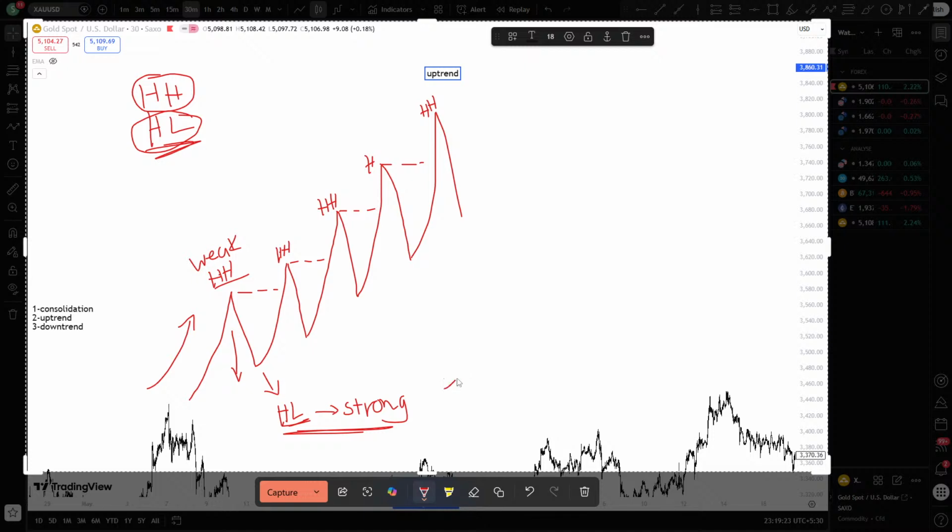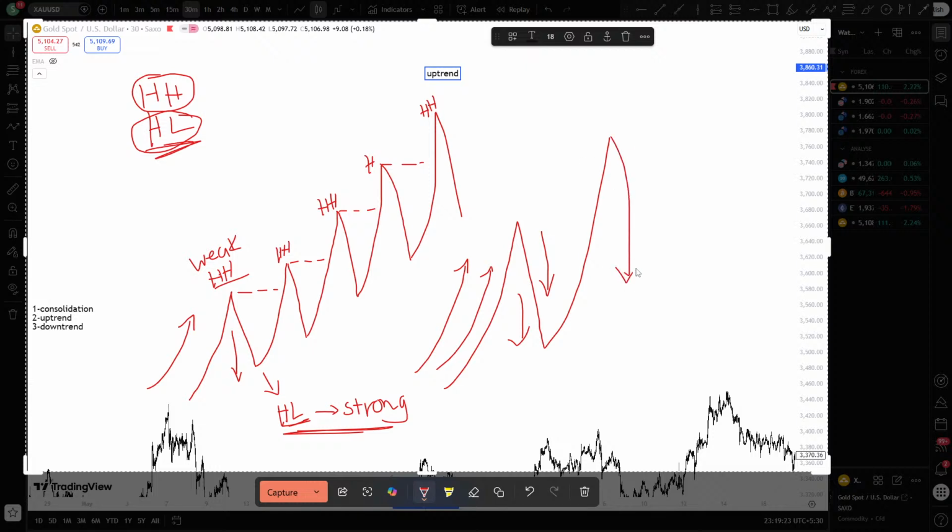When the market is moving like this, giving us this push, this is a pullback. The market will always give you a push before it gives you a pullback. It has to break the higher high.